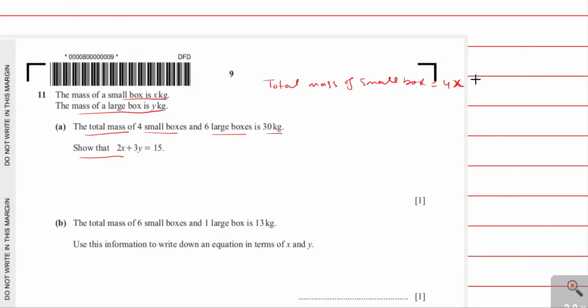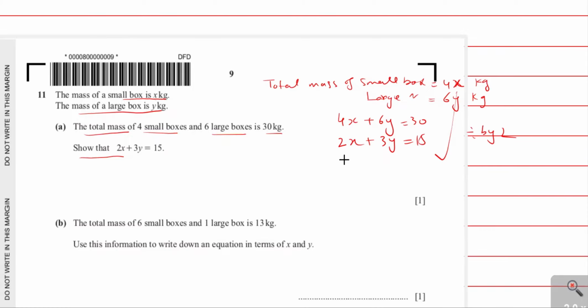Therefore, 4x kg is the total mass of small boxes. And for the large boxes, the total number of boxes is 6. One box mass is y. We write 6y. And the total mass becomes 4x plus 6y. That will be equal to 30 kg. And we will divide this equation by 2. We get 2x plus 3y equals 15. And this is the equation we have to prove.